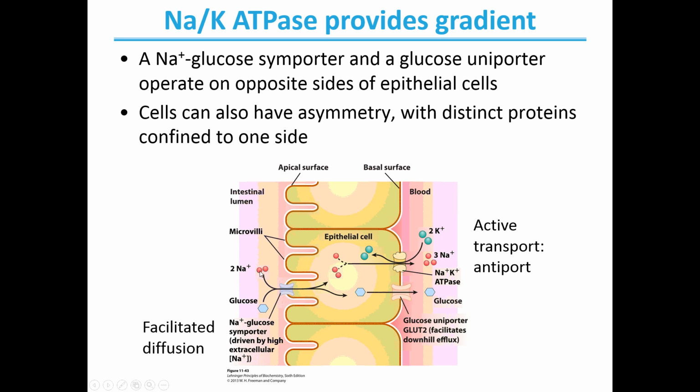So what we do is we have a co-transport, a facilitated diffusion of the glucose and sodium into the inside of the epithelial cell. That sodium is then pumped out by the sodium-potassium ATPase. So since you're always moving this sodium out of the cell into the blood, that allows this facilitated diffusion to continue pulling sodium into the cell. That continues to then pull glucose in and move glucose into the blood.